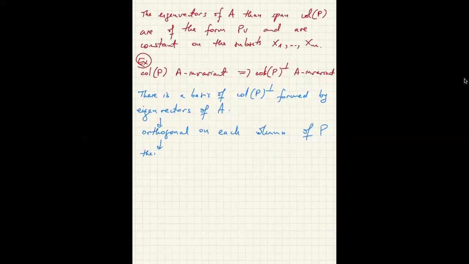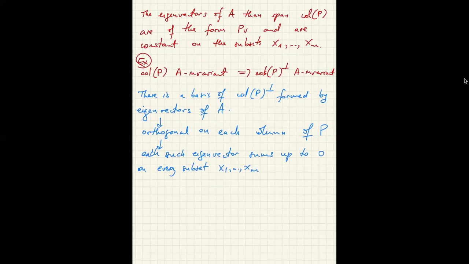So each such eigenvector sums up to 0 on every subset x1, x2, xm.